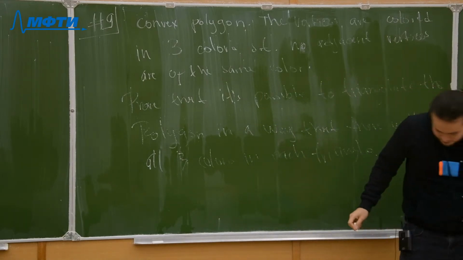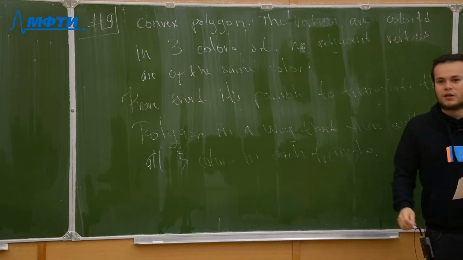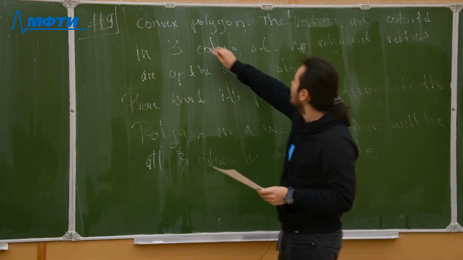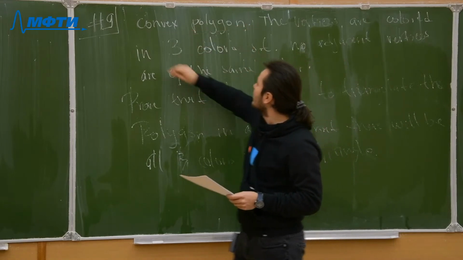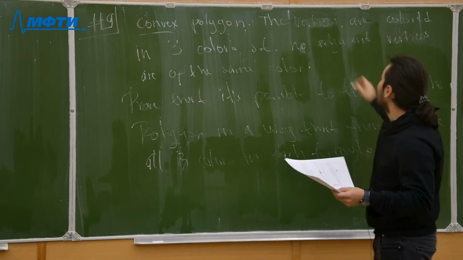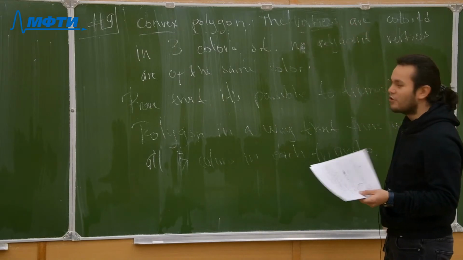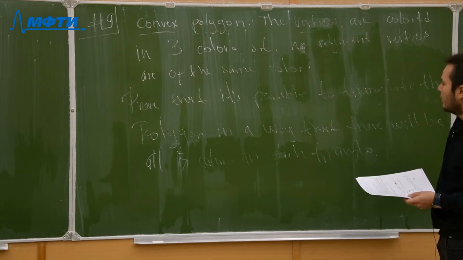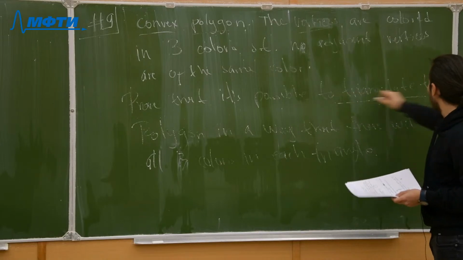Okay, the first thing we have to discuss here are the definitions of what's a polygon, what's a convex polygon, what are the vertices of a polygon. I don't know if you know that. So what else? And what triangulation.